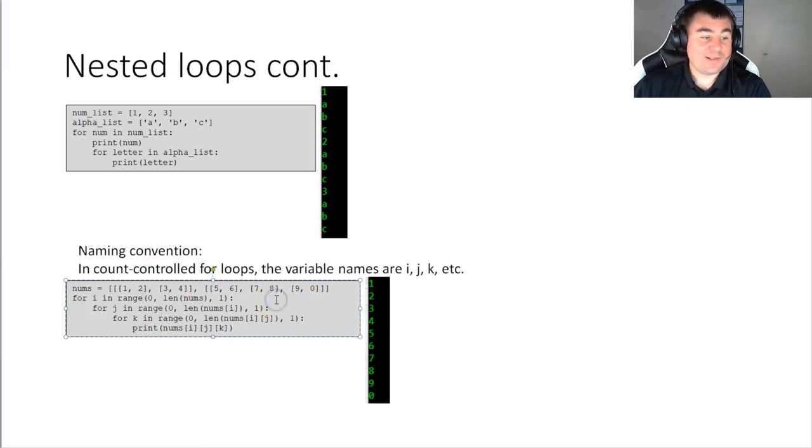And what happens here is we first iterate through the nums, which has a single item in it, the list. Then we iterate over this nested list, which in this case has 5 items. And then finally, looking at these small sublists of 2 numbers, we need to get to the k variable in order to print them.